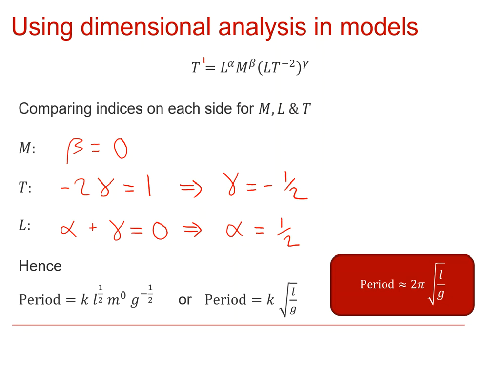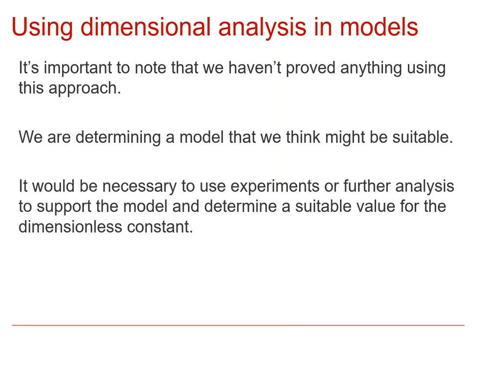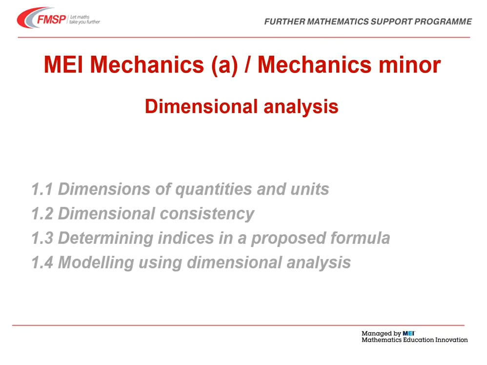So this isn't perfect by any means, but it is still clearly a very powerful technique in that it's got something that is exactly like what we know to be true in the simple case, at least. So that concludes video 1.4, modelling using dimensional analysis, and concludes the topic of dimensional analysis.